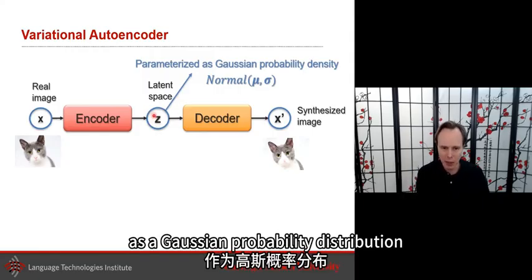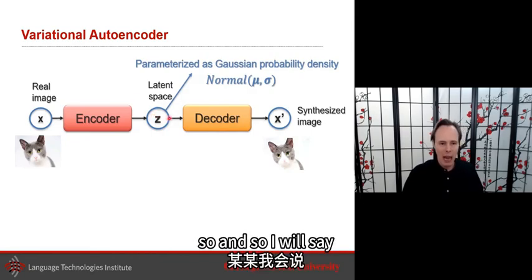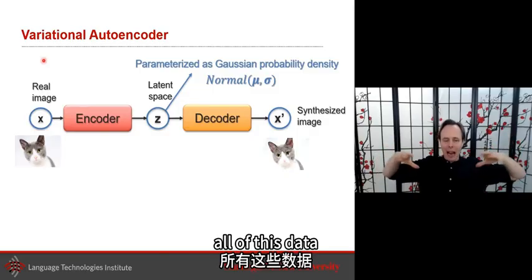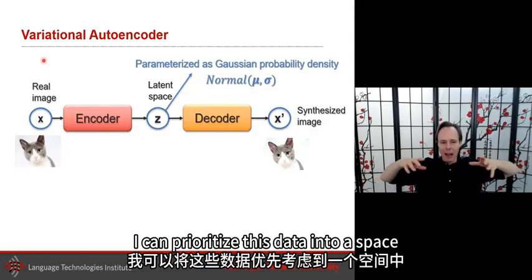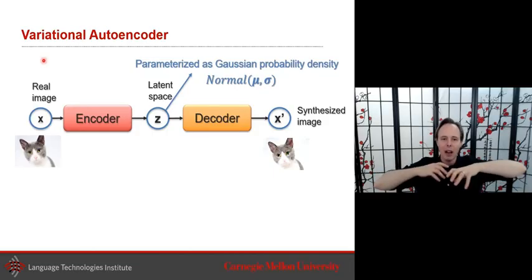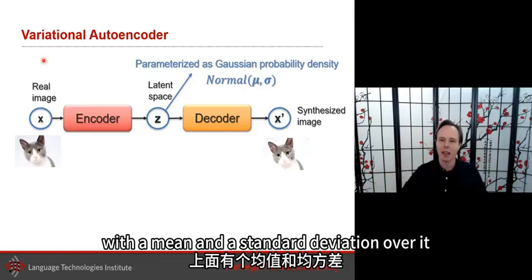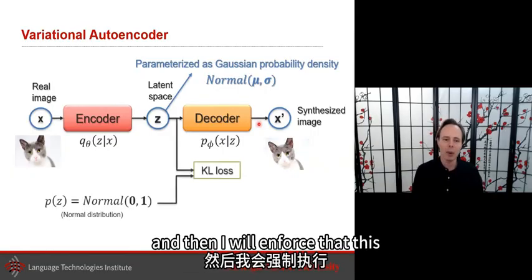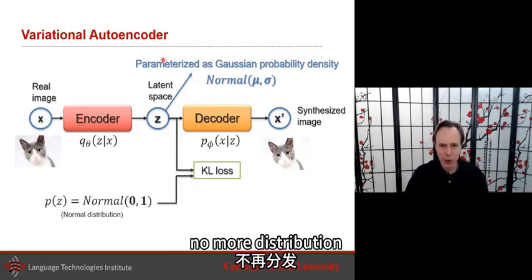And so Z itself, I'm going to parameterize as a Gaussian probability distribution. I can parameterize this data into a space which is a multivariate Gaussian with a mean and a standard deviation. So I will have my encoder and my decoder, and then I will enforce this normal distribution.